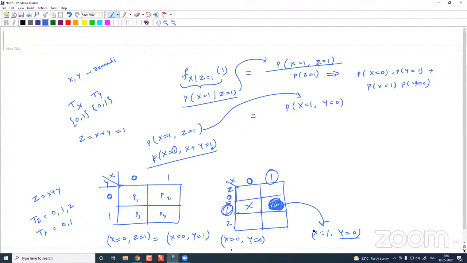Because already if my x is equal to 1 and I want z equal to 1, then when will it happen? Because z is nothing but x plus y, and my x is already taking value 1, my y should take value 0 only, right? Then I will get the sum as 1 here. Yes, sir. Still not getting?